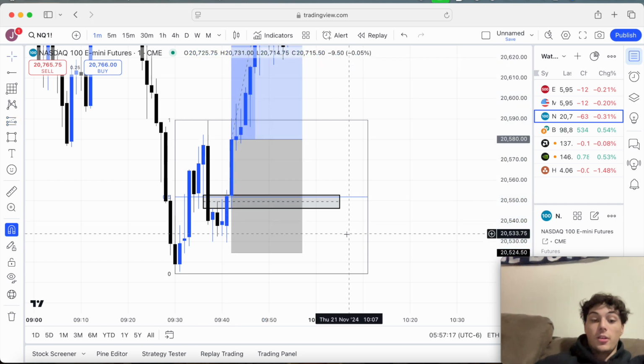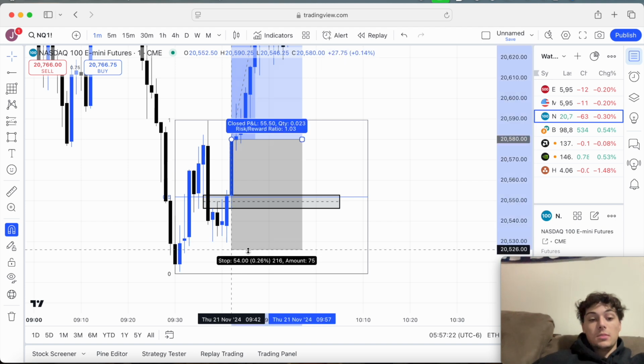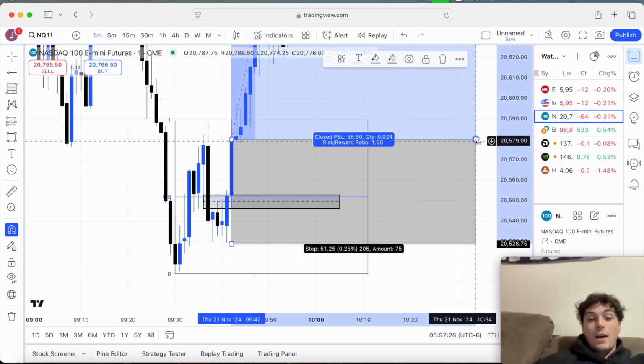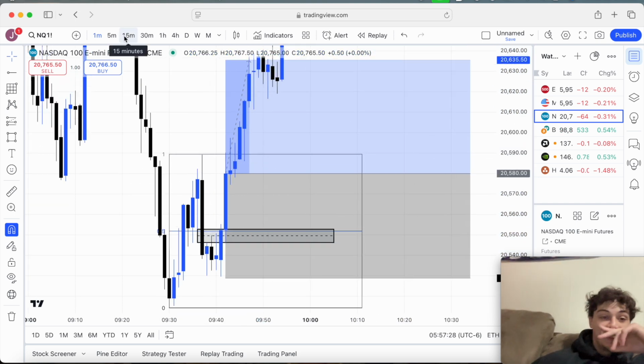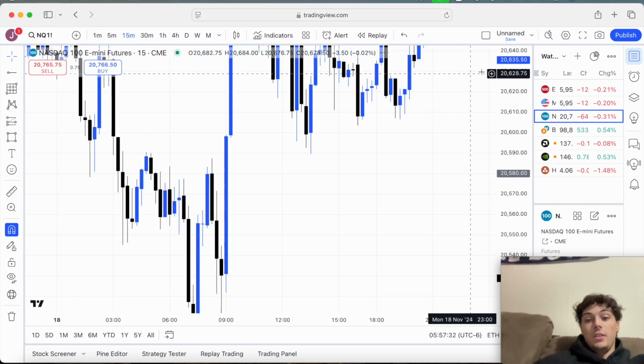So say you get in right here, you're going to put your stops below this low, correct? And then for take profits, since we're executing on the 1 minute, you're going to go to the 15 minute.